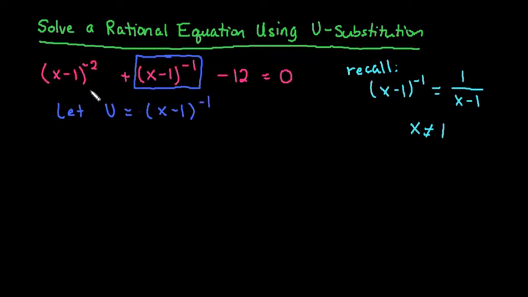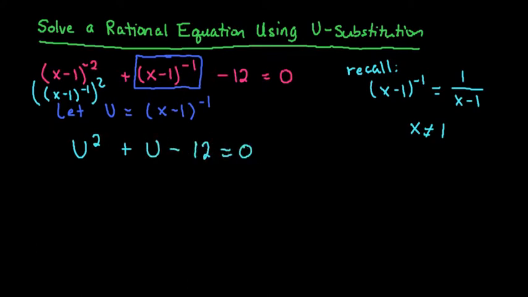By doing that, I can replace the x minus 1 to the negative 1 power in my equation. This first part is really x minus 1 to the negative 1 power squared. So because I can rewrite it like that, instead of having this more complicated expression, I am going to rewrite this as u squared plus u minus 12 equals 0.